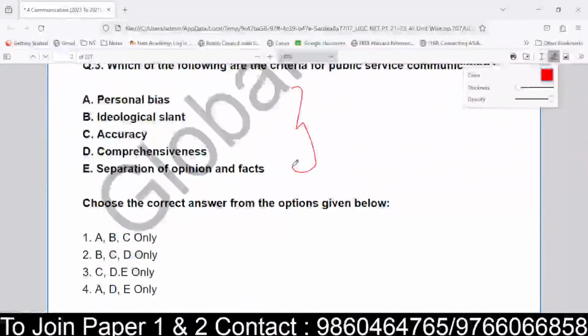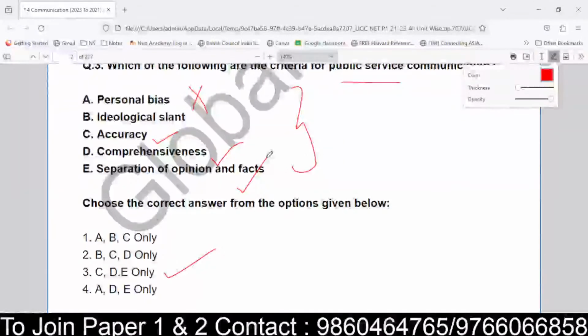The correct criteria is option number 3. Personal bias and ideological slant obviously cannot be criteria for public service communication. Accuracy, comprehensiveness, and separation of opinion and facts are the criteria considered for public service communication.